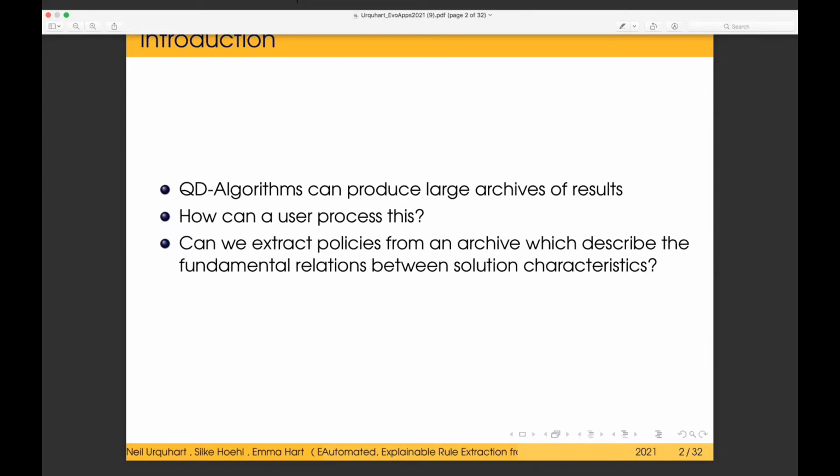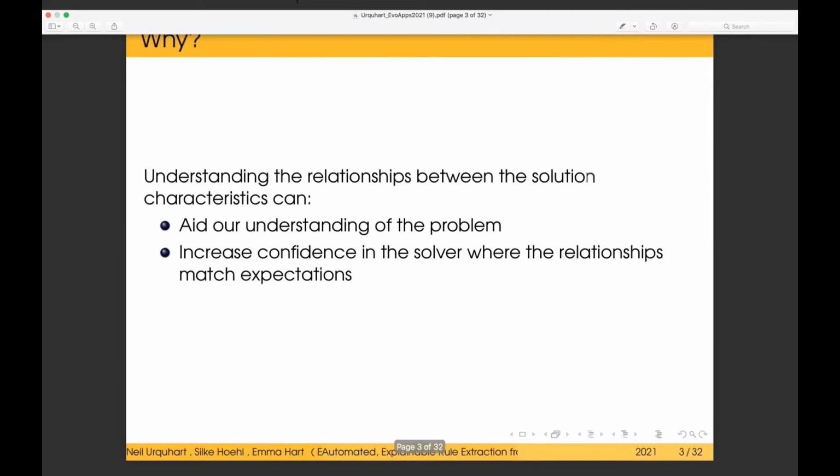A side effect of this is that when we run these algorithms, we are given large archives of solutions. So what we were interested in was, what can we learn collectively from these archives?